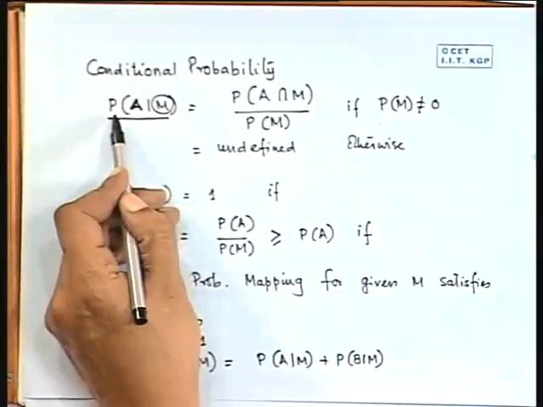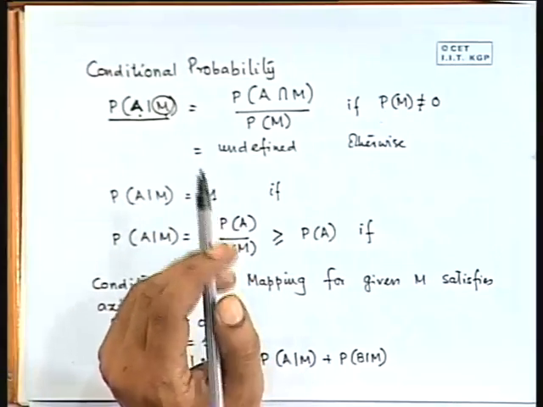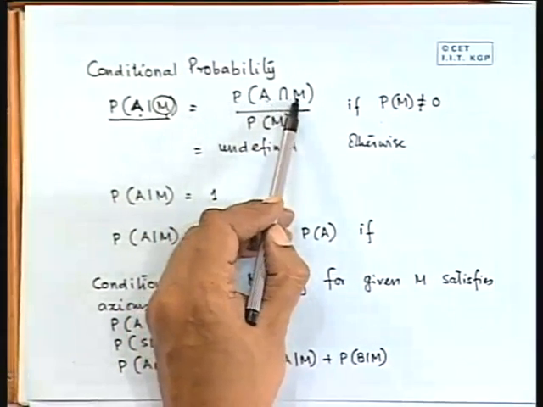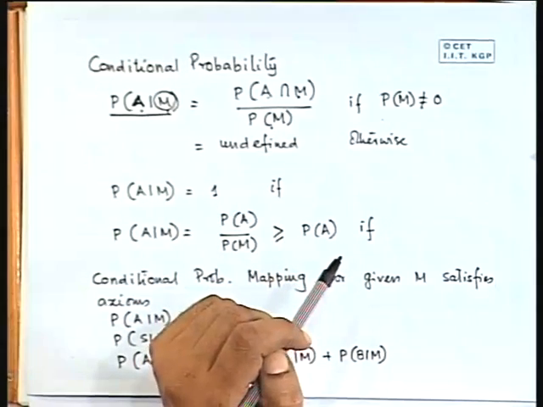So that is conditional probability: the probability of an event A conditioned on another event M. Whenever we evaluate probabilities of events, we should exploit all the information that we already have about other events, and then we will be able to obtain the best judgment about this probability, right? So the conditional probability of A given M is defined as the probability of A intersection M divided by the probability of M. Why is this the definition?